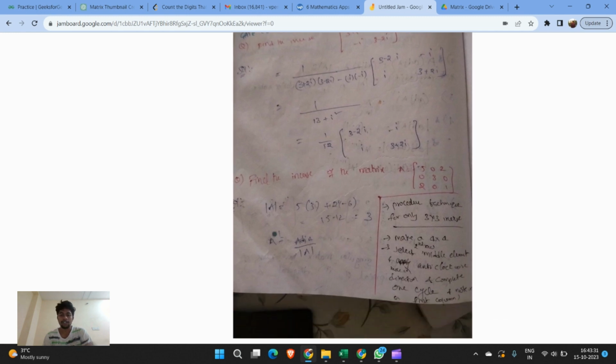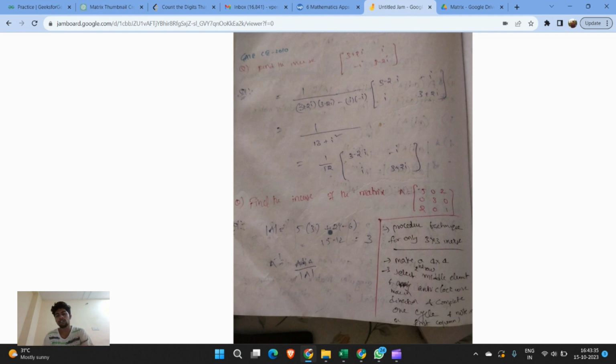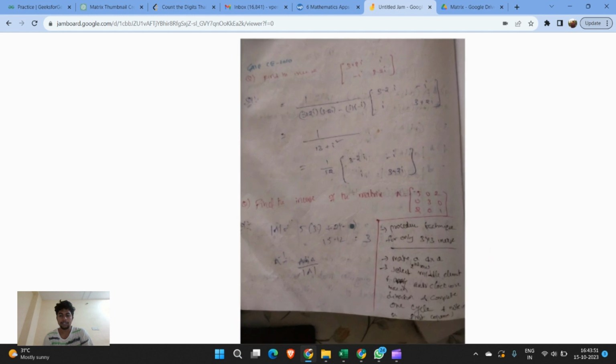Or another way is, you know how to find the determinant, and you have to find the adjoint of that matrix. Adjoint means the transpose of the cofactor matrix. So if you want to find the adjoint, you have to find the cofactor, and after that you have to transpose it. So let's consider this 3 by 3 matrix.